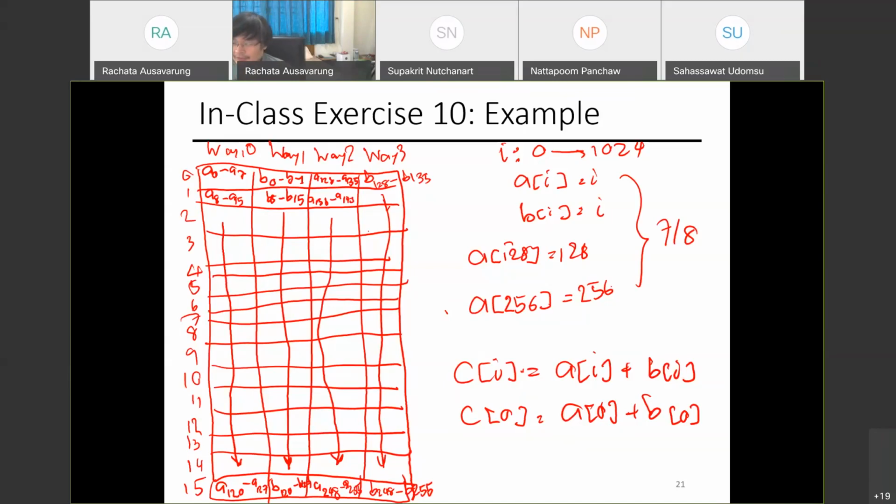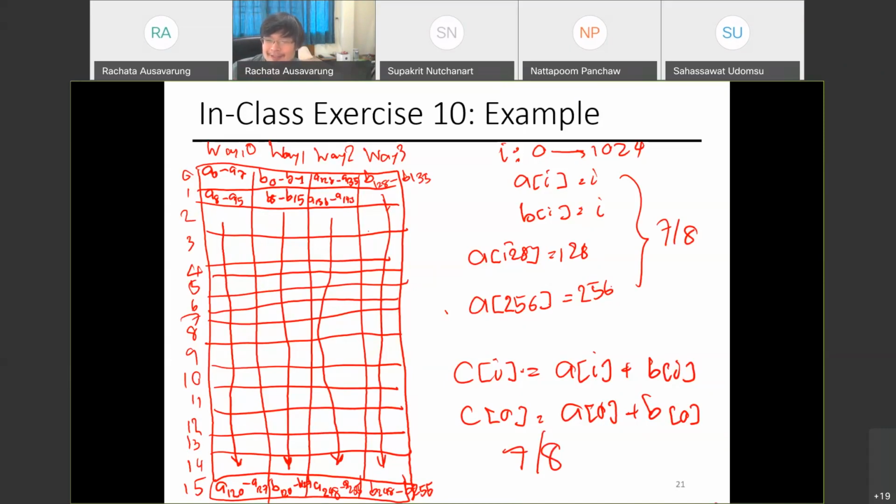Is it the same as the first loop, where there's no cache hit the first time I see the block because it's already evicted, right? So you're going to see 7/8 as well. 7/8.